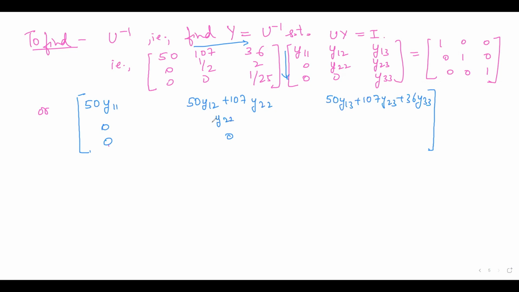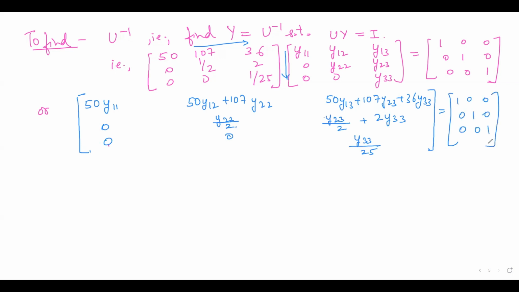Then second row with the second column, I'll be getting y22 divided by 2. Second row with the third column, I'll get y23 divided by 2 plus twice of y33. Last row with the last column gives y33 divided by 25. This is equivalent to the identity matrix.